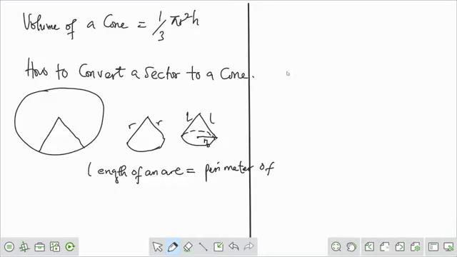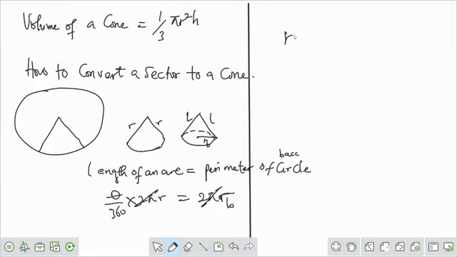Normally the perimeter of a circle is 2 pi r, but here we are talking of the perimeter of the base circle of the cone. So the length of an arc is theta over 360 times 2 pi r. Instead of the normal r, you now use the base radius. Now 2 pi cancels 2 pi. Now this is the formula to find the base radius of a cone.